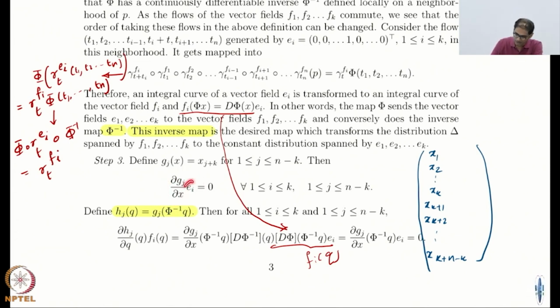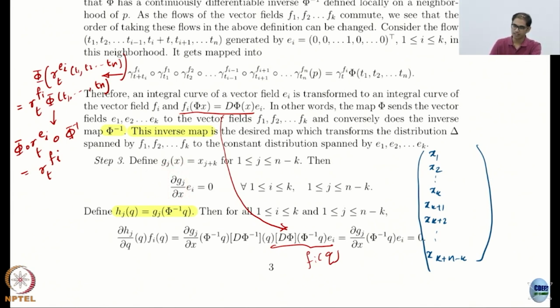Ei will have 1 say here, E2 will have 1 in the second position, and this will have 1 in the j plus 2th position. So they are not going to have 1 in the same position, so the dot product has to be 0. That's it. I am just making the smart choice. Why do I do it in the E1, E2, Ek frame coordinates? Because it's easier.